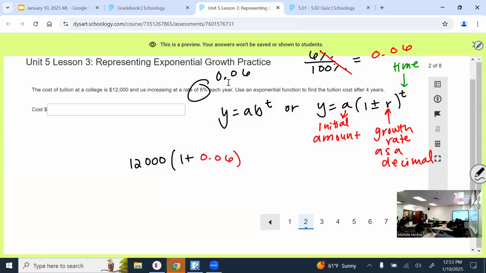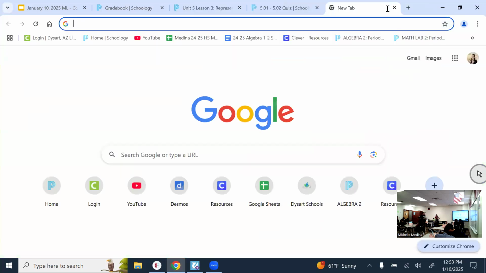So what time frame do they want the answer for? I know it's hard to see the way I zoomed in, but 4. Since they're all numbers, I can put it in my calculator exactly the way it is.